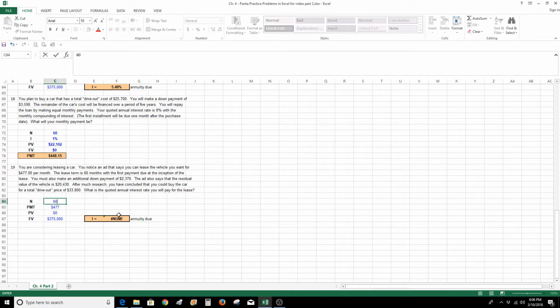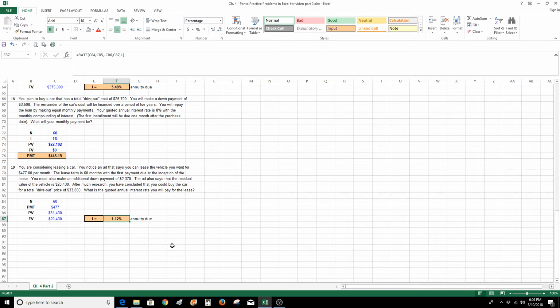The lease term is 60 months for N. You make an additional down payment of $2,370, but the drive out price is $33,800 less the down payment at $2,370. So that tells you what you're financing. But it also tells you that the residual value of the vehicle is $20,430. So that gives you your future value.